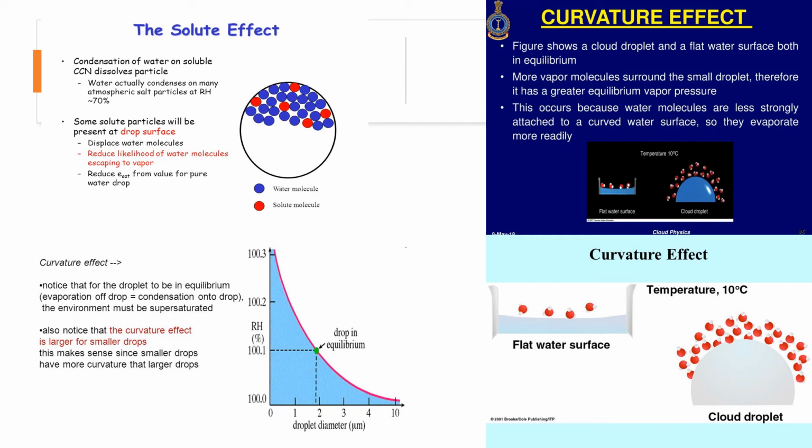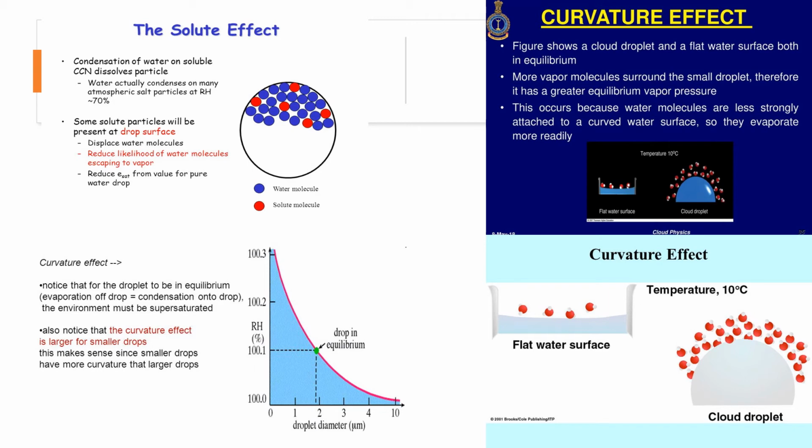When condensation begins on a hygroscopic salt particle, for example, it dissolves, forming a solution. The salt ions in the solution bind closely with water molecules, so it is more difficult for the water molecules to evaporate, because the hygroscopic condensation nuclei attract the water vapor. This condition reduces the equilibrium vapor pressure, and we call this the solute effect.